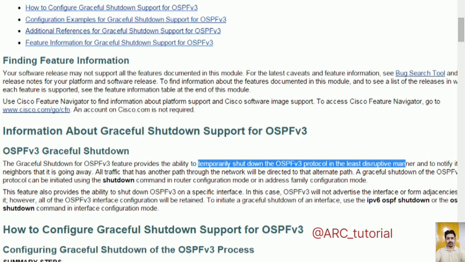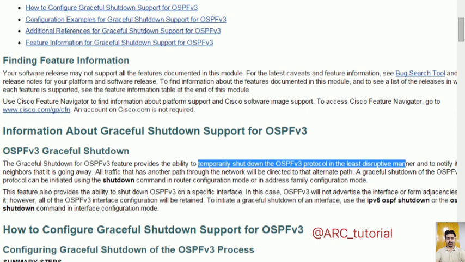But with this graceful shutdown feature of OSPF version 3, just shut down your process at your own end, and you will see that at the neighbor's end the device will immediately come to know that the neighbor has gone away and broken neighborship.